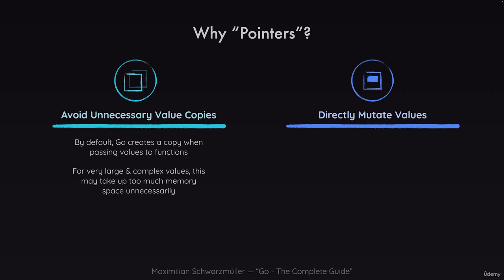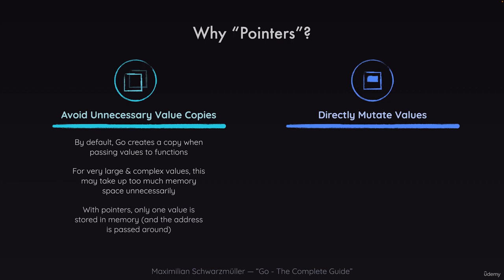Now, I'll be totally honest. For numbers and most strings and also most more complex values, about which you'll learn later in the course, that won't really matter too much in most applications. You'll need a very specific application or use case where this optimization of using a pointer to avoid this copy might actually make a difference. But still, it is an advantage to be aware of, because that can be one reason for using pointers.